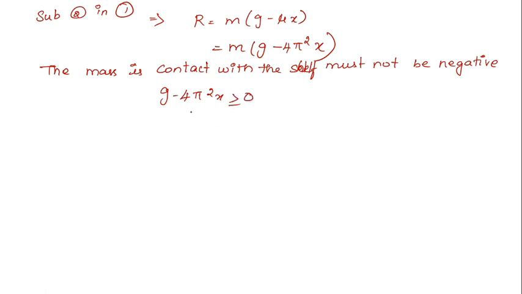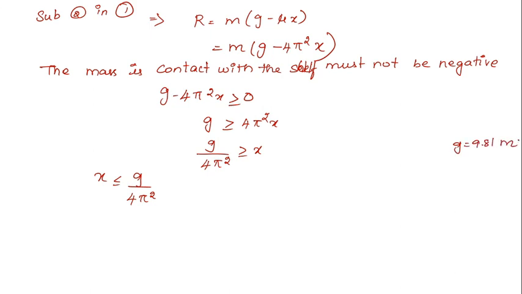From this we can find our x value. g is greater than or equal to 4 pi square x, or else g by 4 pi square is greater than or equal to x, or else x is less than or equal to g by 4 pi square. They have mentioned centimeters, but we know that g is equal to 9.81 meters per second squared, so it will be converted into centimeters.